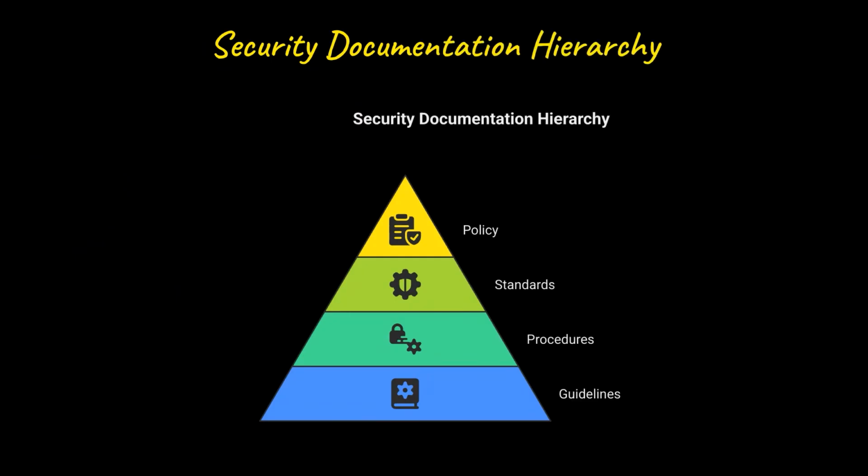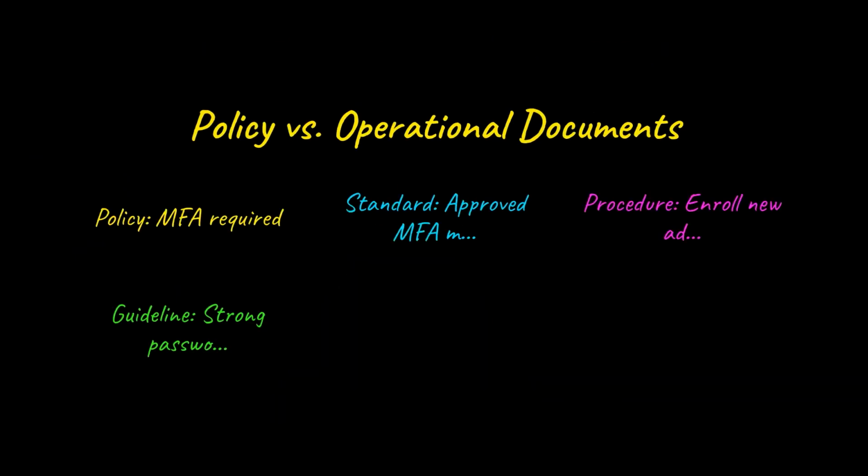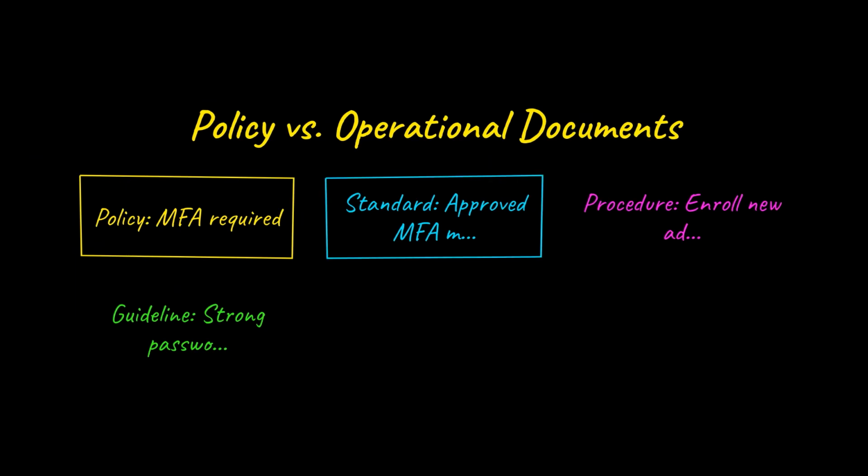Security policies sit at the top of a documentation hierarchy. Policies state high-level rules. Standards specify technical requirements that satisfy those rules. Procedures give step-by-step instructions. Guidelines offer recommended but non-mandatory practices. The key distinction exam writers test is the difference between a policy and the documents that implement it. A policy says multi-factor authentication is required.